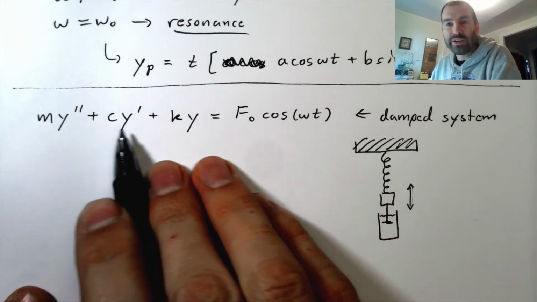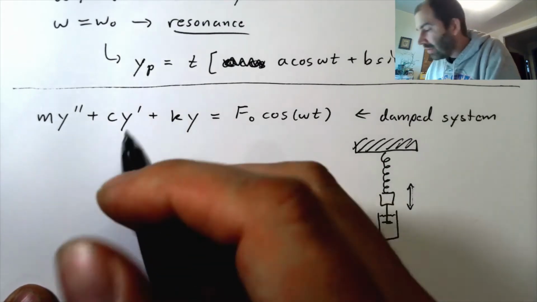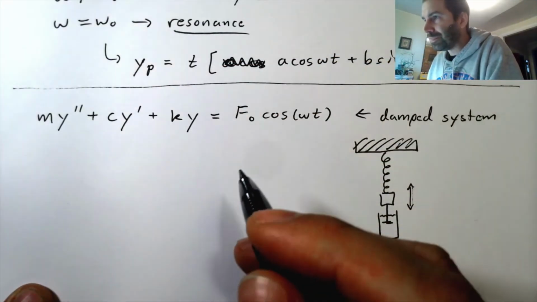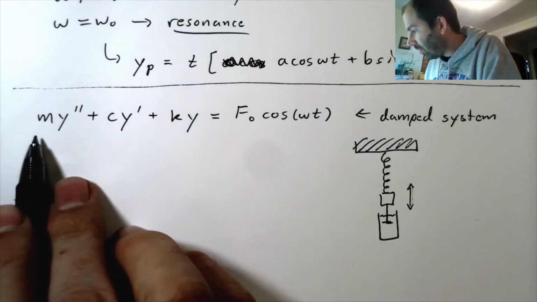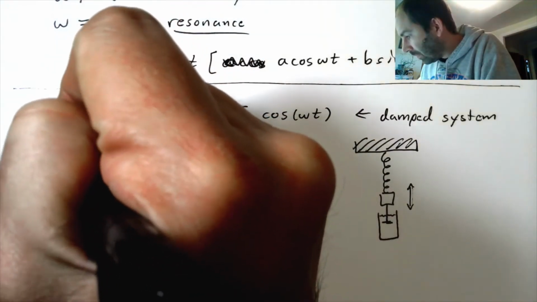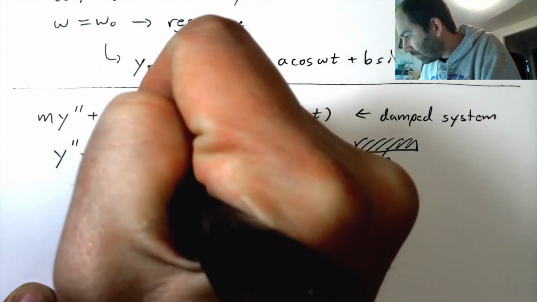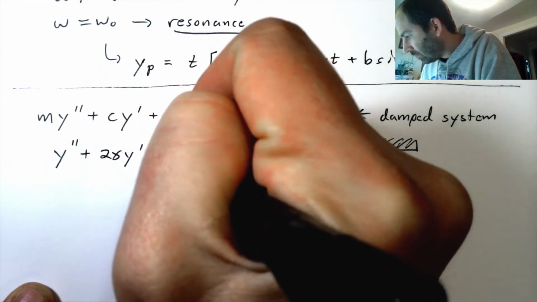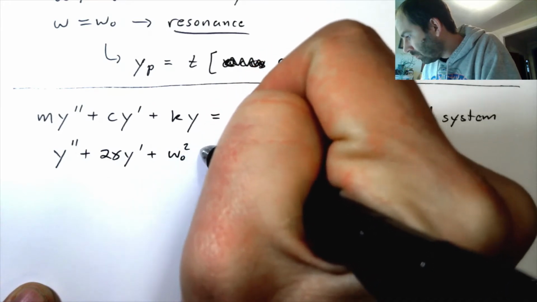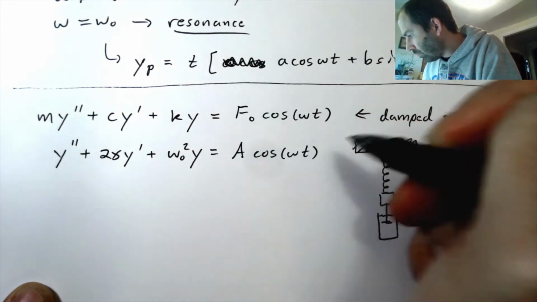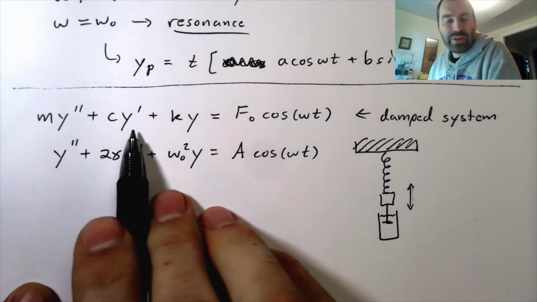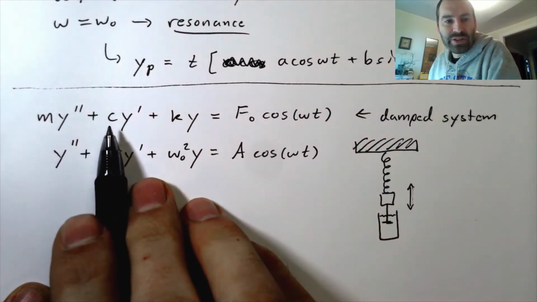You're going to look at the characteristic polynomial, okay? So you're going to maybe divide through by m, all right? Now, when I divided through by m, I changed this c to a gamma.